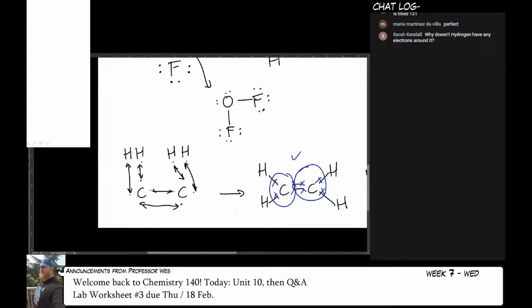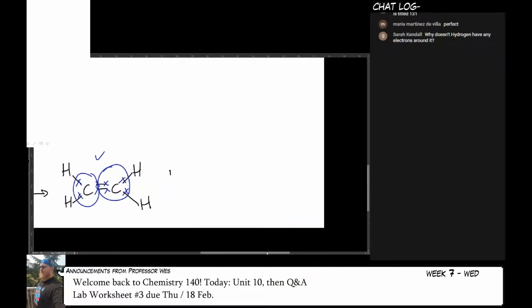So we'll just go over here and do that. And I give you these atoms and I say, okay, bond everything such that all of the electrons are connected and everything has an octet.